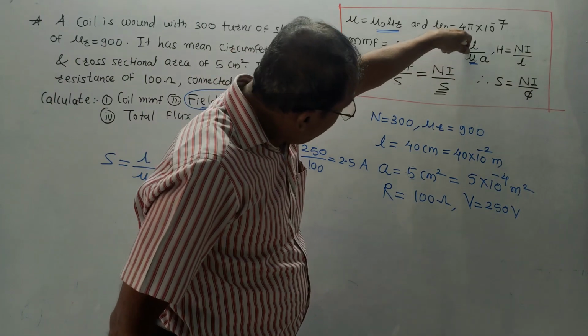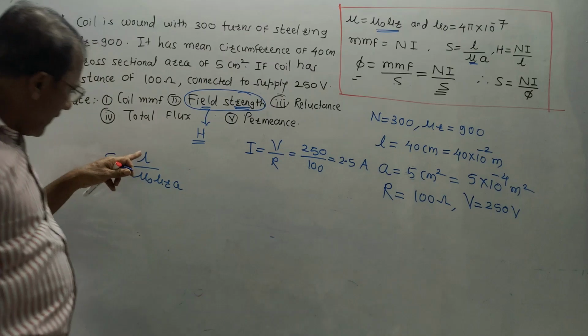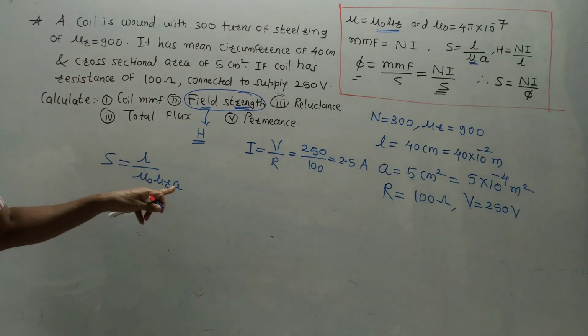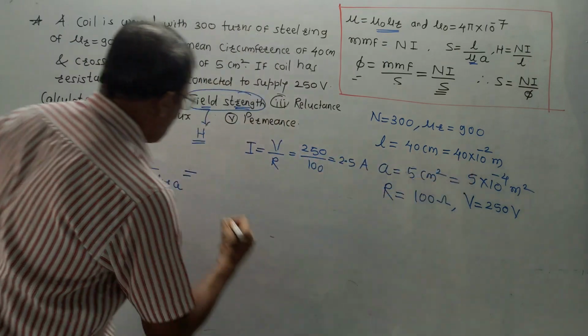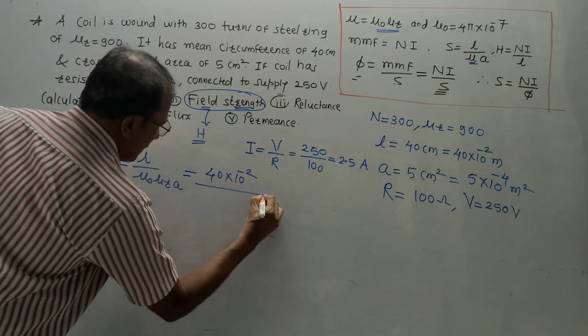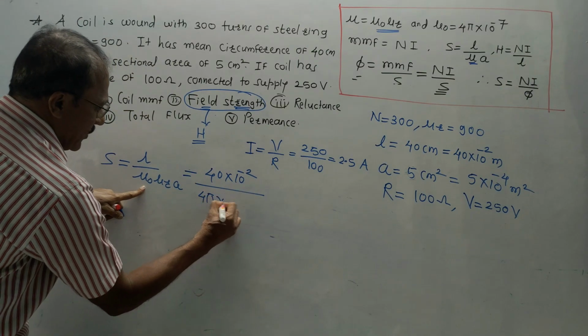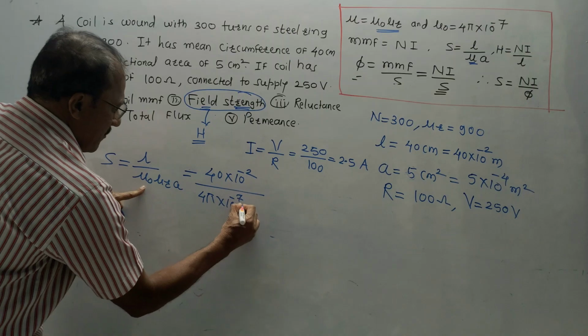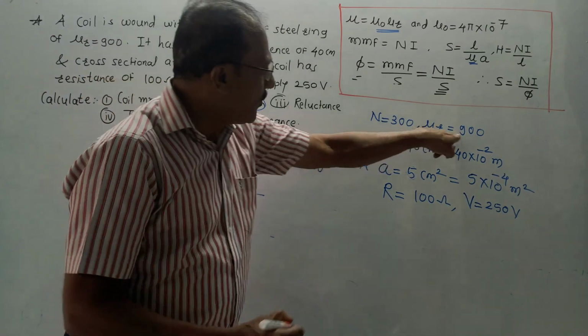Look here, it is L upon mu A. Mu is mu 0 into mu r. So what I wrote, L upon mu 0 into mu r into A. L, length is given as 40 into 10 raised to minus 2. Just put the values: 40 into 10 raised to minus 2 divided by the value of mu 0, which is fixed, 4 pi into 10 raised to minus 7. Mu r is relative permeability, which is given in the question, so mu r is 900.